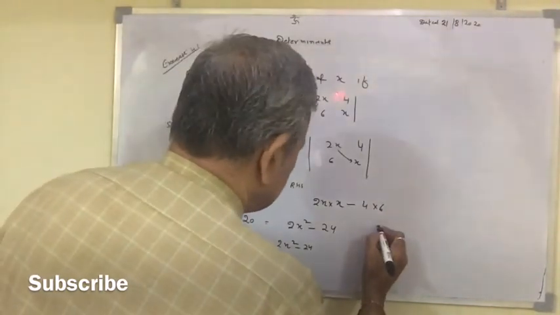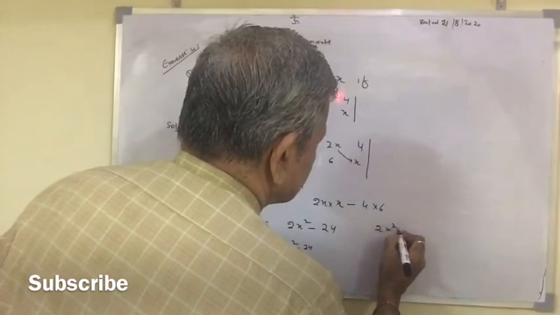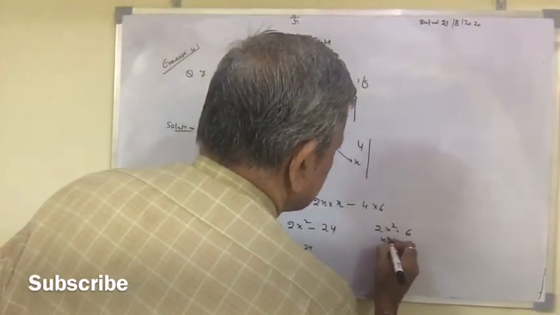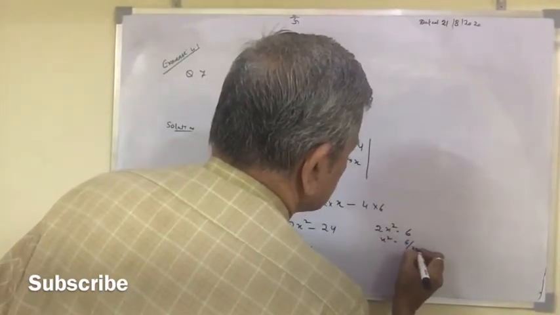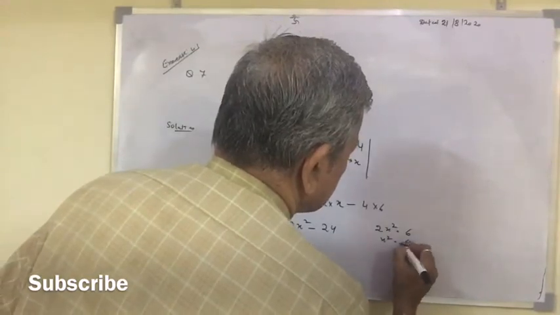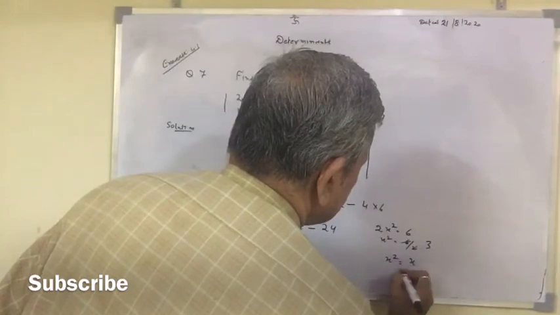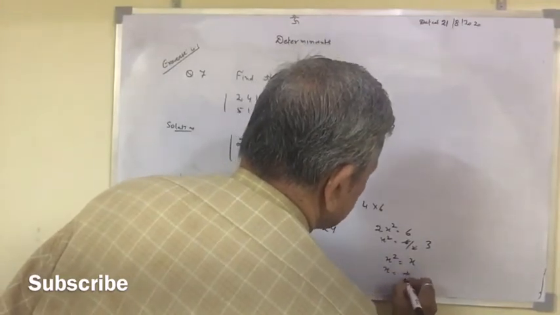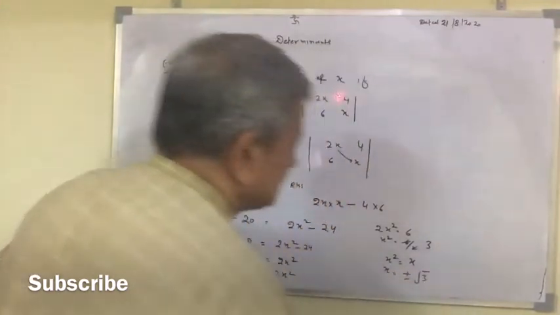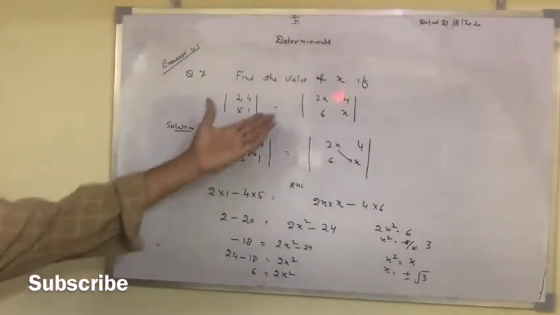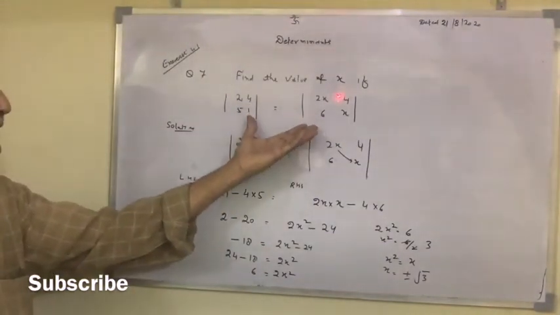Now x square is 6 by 2, so the value becomes 3. So x square is equal to 3 and x is equal to plus minus root 3. This way you can find the value of x.